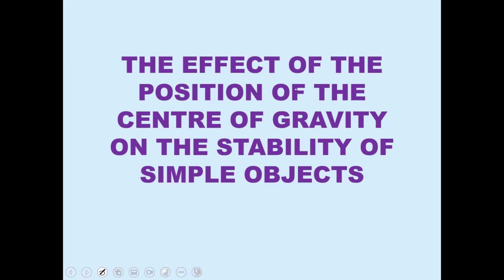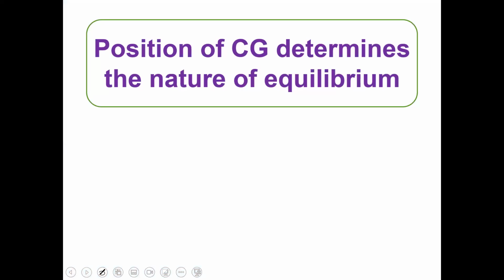The effect of the position of center of gravity on the stability of simple objects. So let's put the first point: position of CG determines the nature of equilibrium.